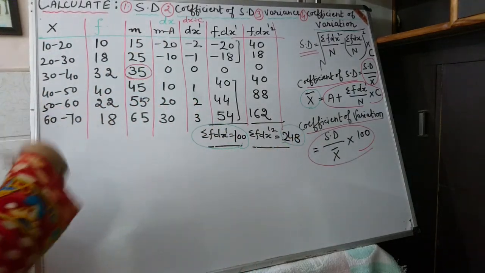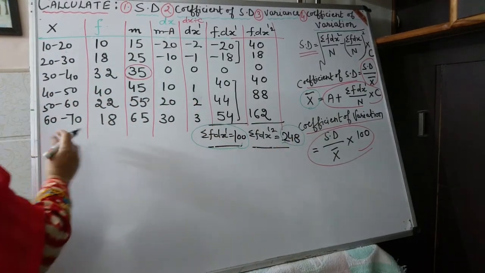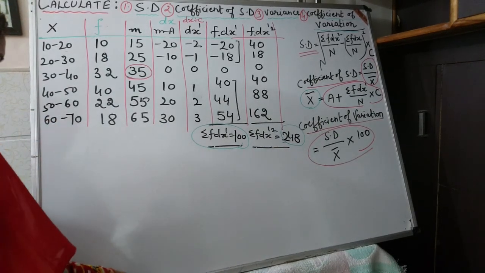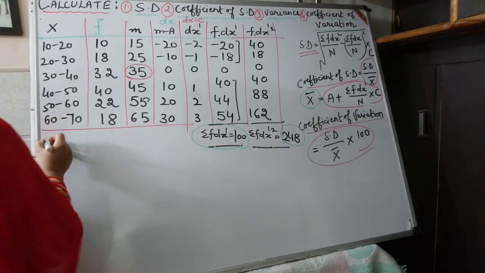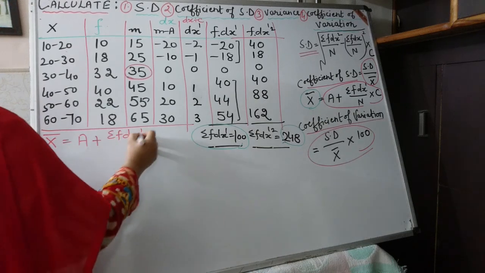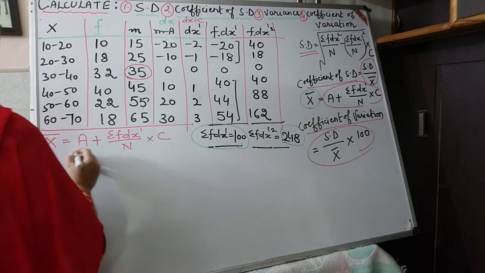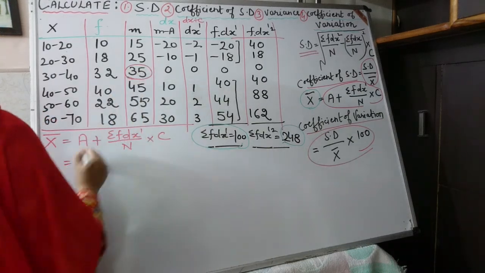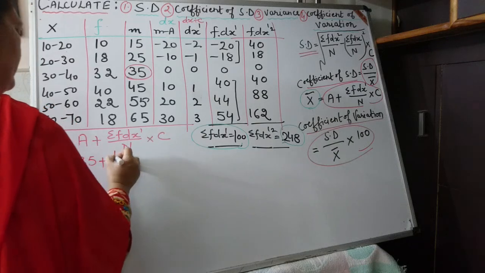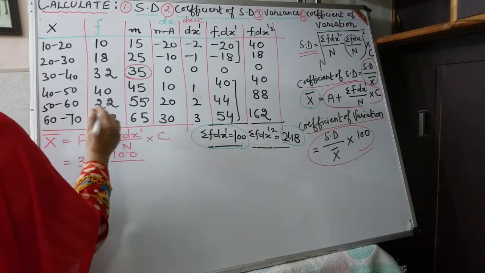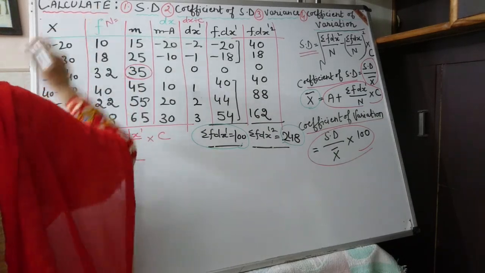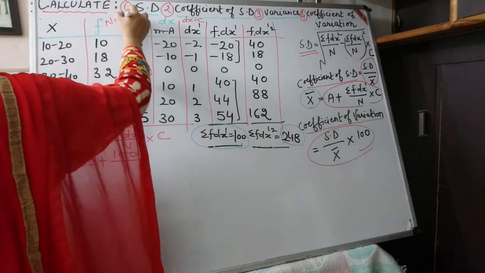Now let us calculate all the values. First of all, let us calculate the value of the arithmetic mean. X bar is equal to a plus sigma f dx dash divided by n, multiplied by the common class interval. We have assumed a as 35. So 35 plus sigma f dx dash, that is 100, divided by the total value of n, which is 140.